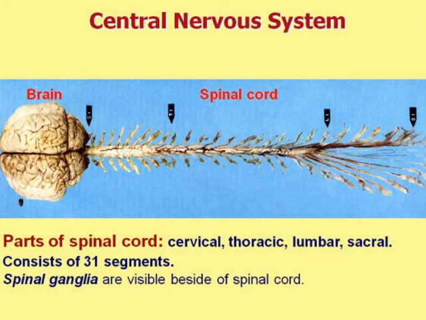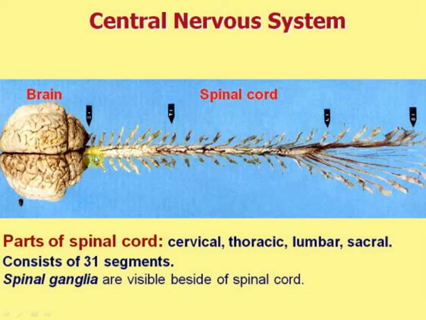The central nervous system consists of the brain and spinal cord. The spinal cord consists of four parts: cervical, somewhat thicker; thoracic, the longest; lumbar, also somewhat thicker; sacral; and coccygeal, a very short segment.